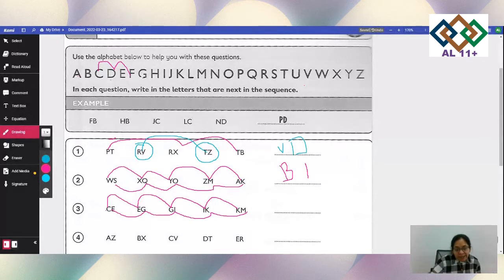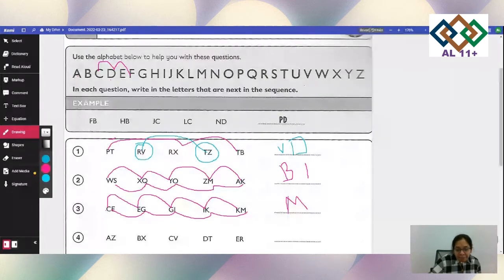Then E to G, also 2 forward. Then G to I, again 2 forward. And from I to K, again 2 forward. Try going 2 forward from K. From K going 2 forward, L is your first one and M is your second one. Your first alphabet would be an M.